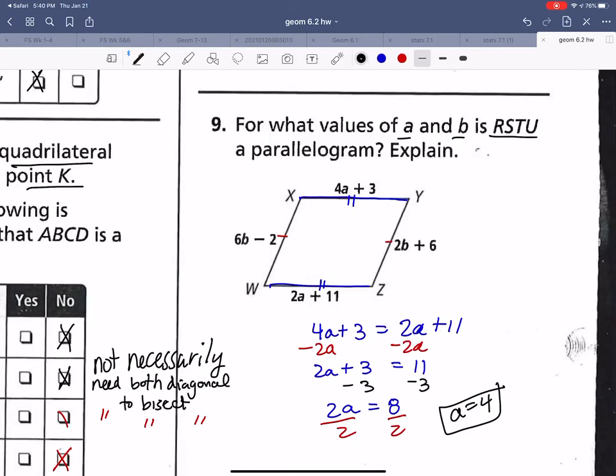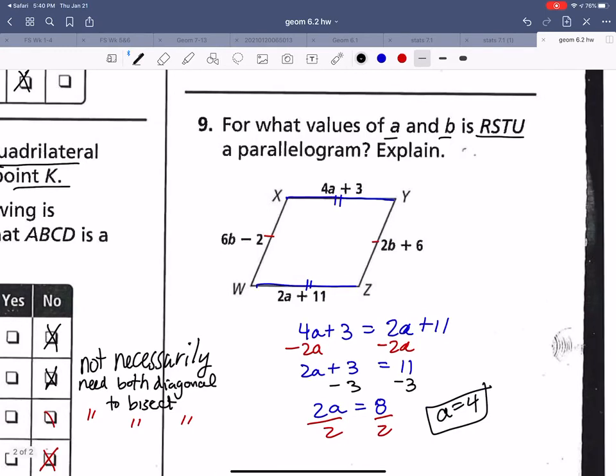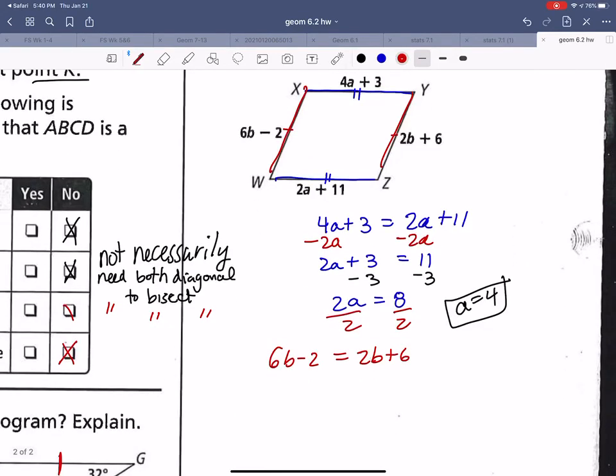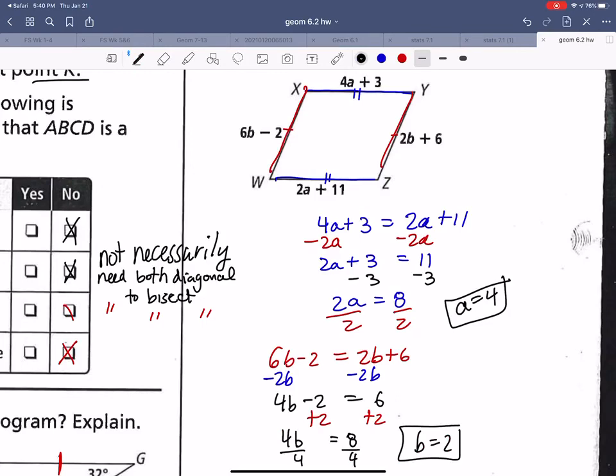All right, and what would that do with B? So these would have to be equal. So this side, 6b minus 2, has to equal this side, 2b plus 6. There we go.